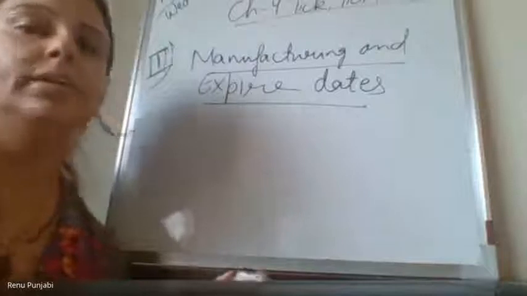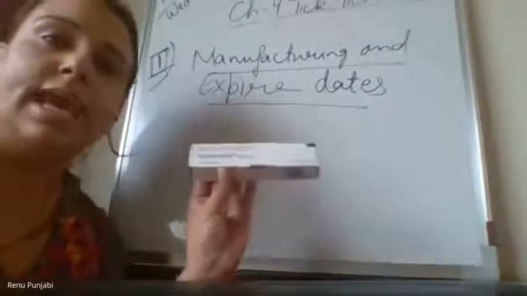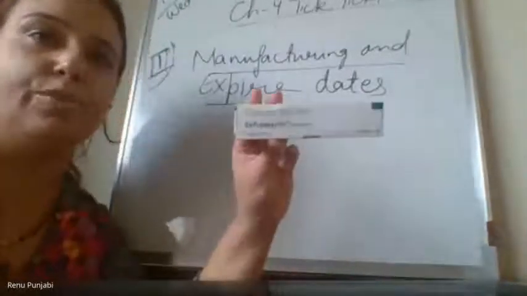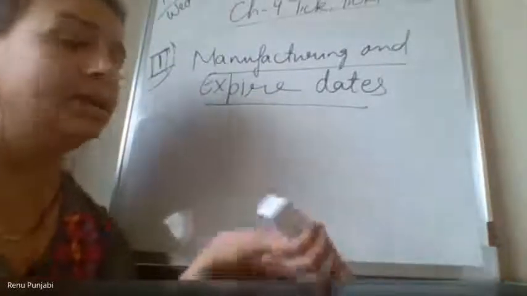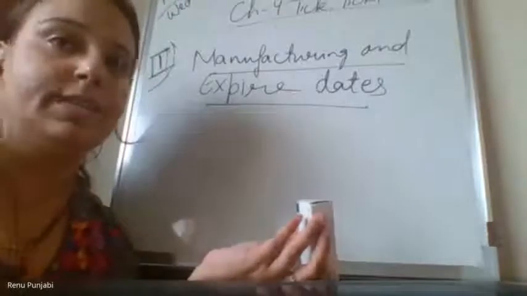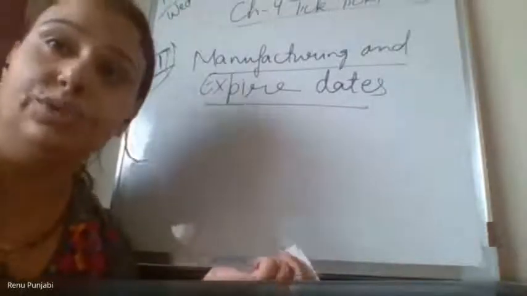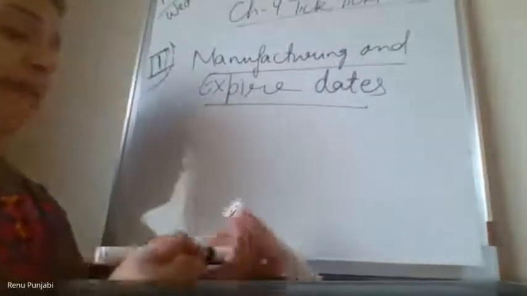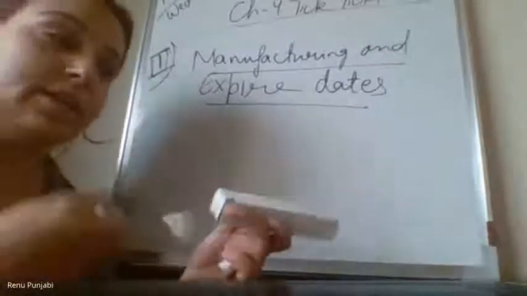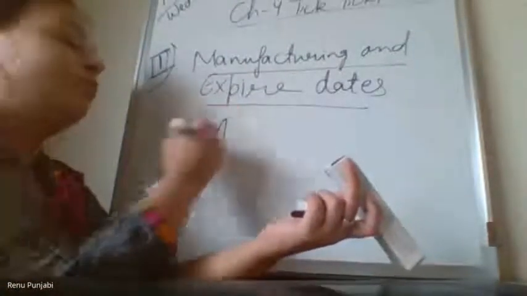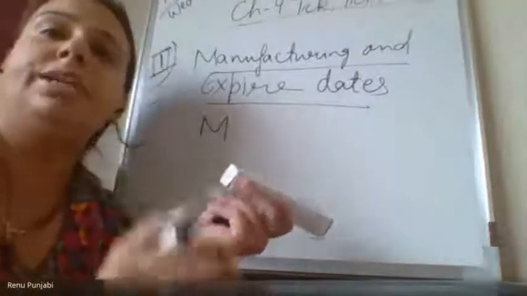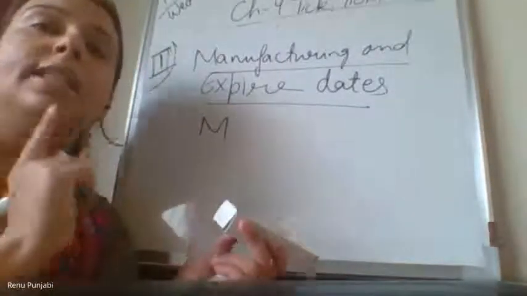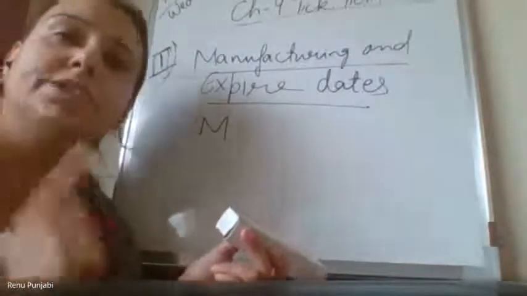Now, see, when you go to the market, suppose I went to purchase this. This is a soframycin tube cream. If I do not check the manufacturing and the expiry date, will I be able to use it? It is compulsory, children, to check the manufacturing date on all the products, whether it is eatable products or anything, the manufacturing date and the expiry date is already mentioned.